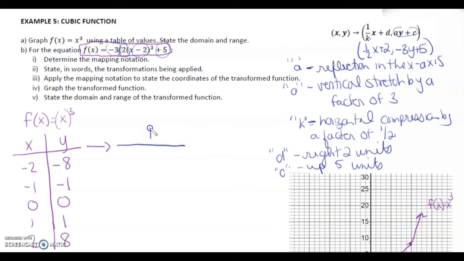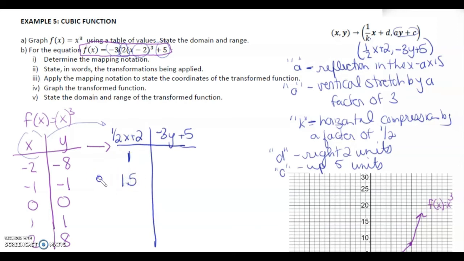So I'm going to put in the mapping (1/2 x + 2, -3y + 5). Let's sub all of our x's into this equation. What's a half of -2? Well, it's -1, plus 2 is 1. A half of -1 is -1/2, and then plus 2 is 1.5.